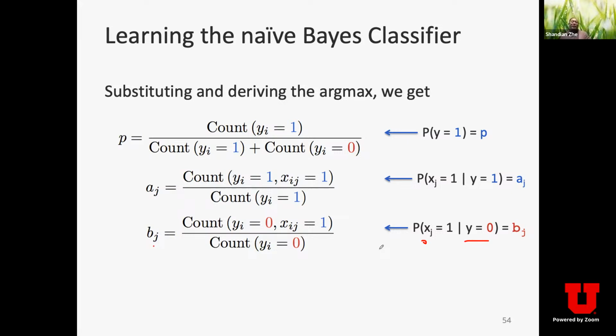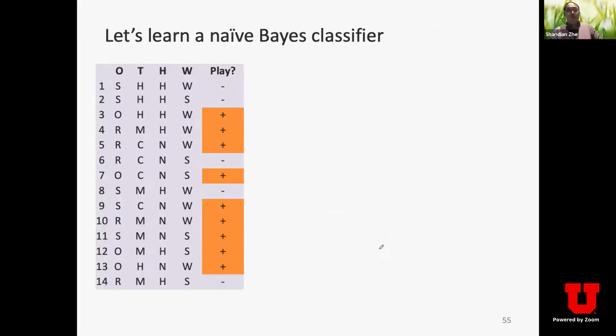Okay, so now let us use what we have just discussed to learn a naive-Bayes classifier, for this tennis example. We have 14 training examples, 4 features, and a binary label. So first we need to determine the prior probability.